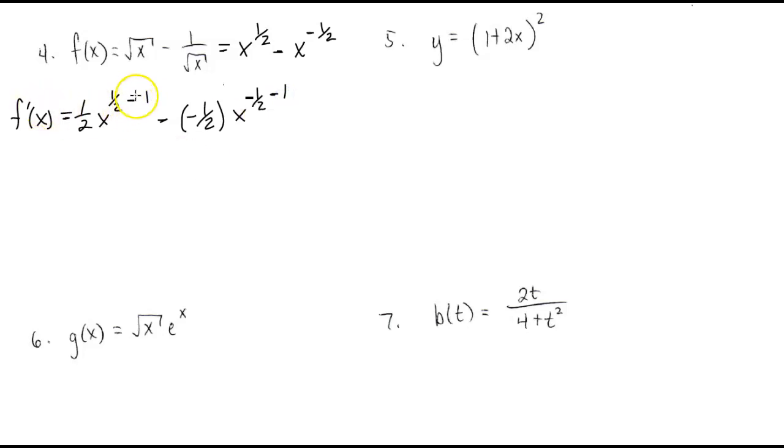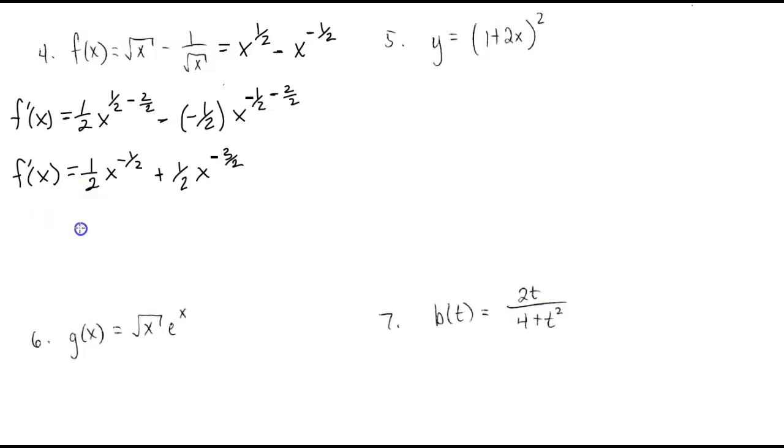And notice here for the fraction, we can write 1 as 2 over 2 to make life easy for ourselves. Let's try to write that one over. And so now this just means that I have 1/2 x raised to the minus 1/2 here. And this is plus 1/2 x raised to the minus 3/2.